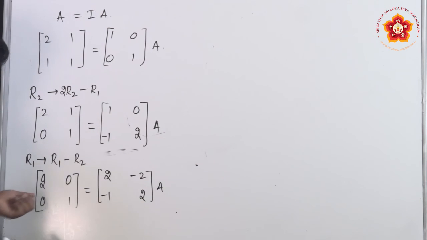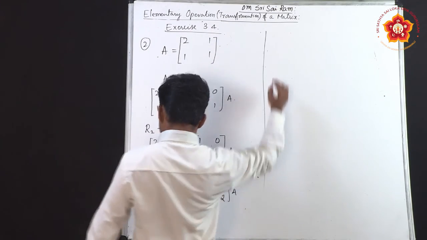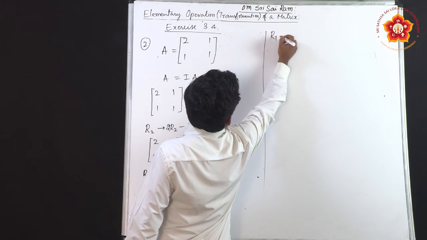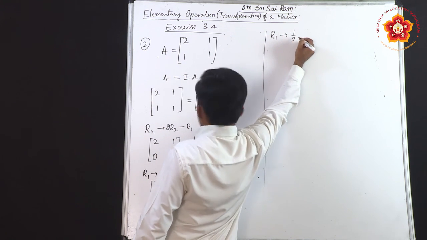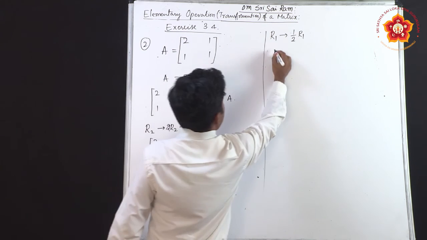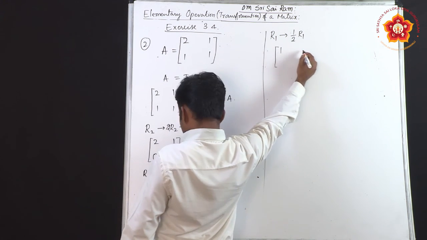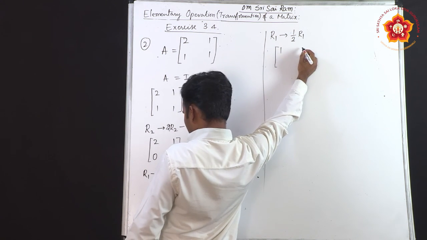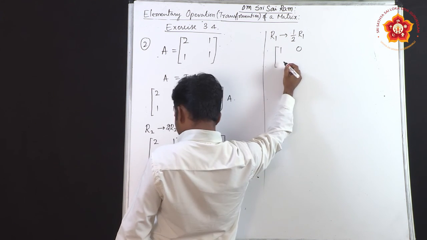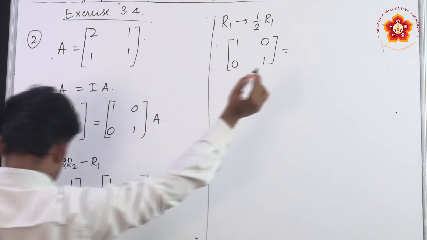Next, here we have 2 and we have to divide it by 2 in order to make it 1. So the next operation is R1 becomes 1 by 2 times R1. So 2 by 2 is 1, 0 by 2 is 0, and R2 is unchanged, it will be as it is.